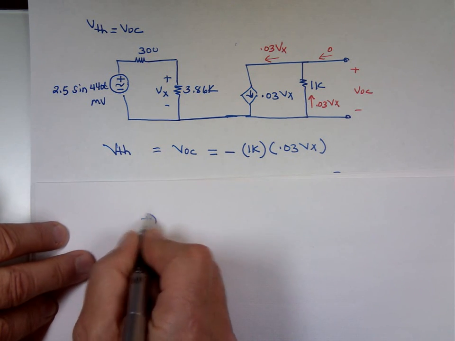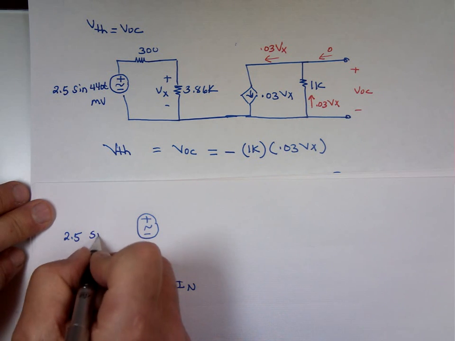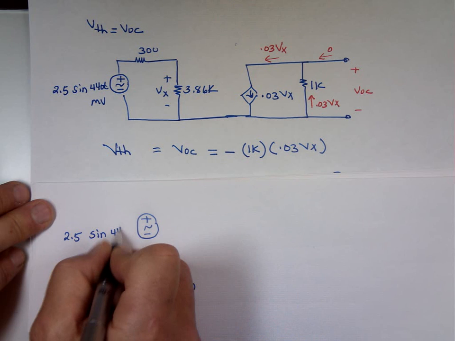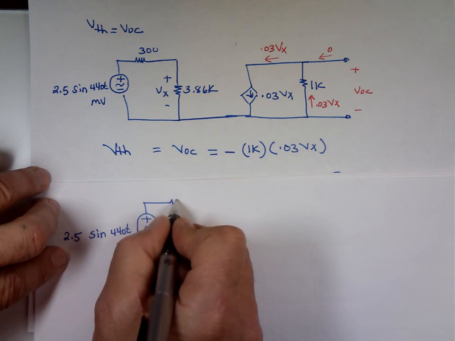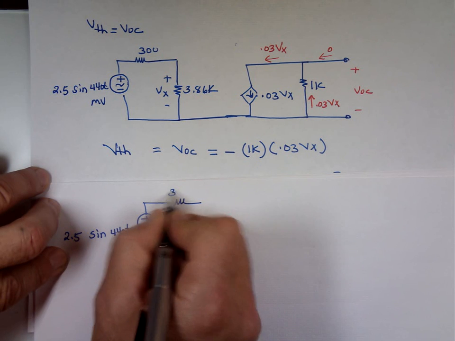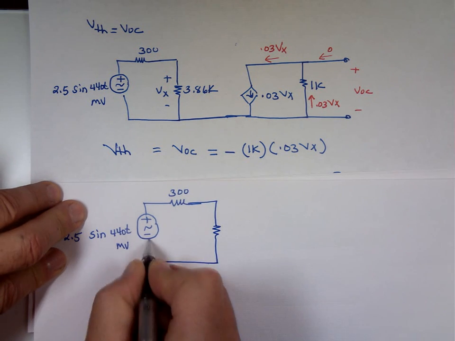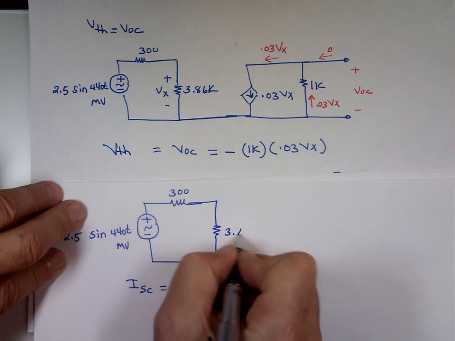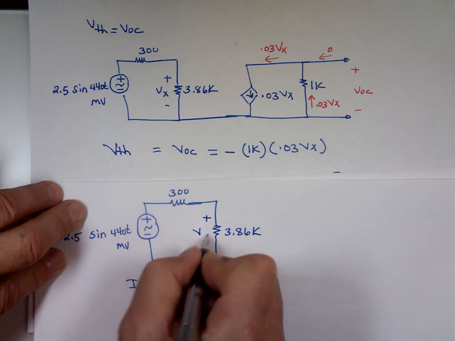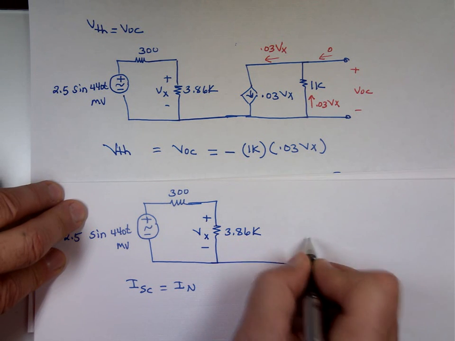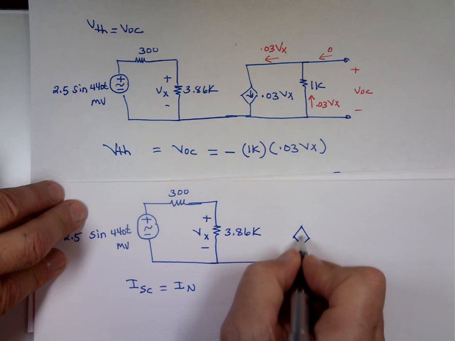This is 2.5 sine 440t in millivolts, 300, 3.86K, Vx, and this is 0.03 Vx.